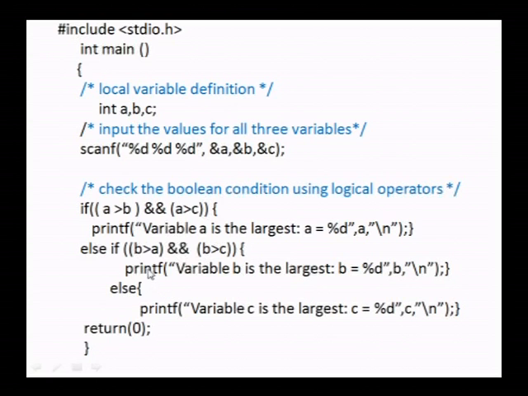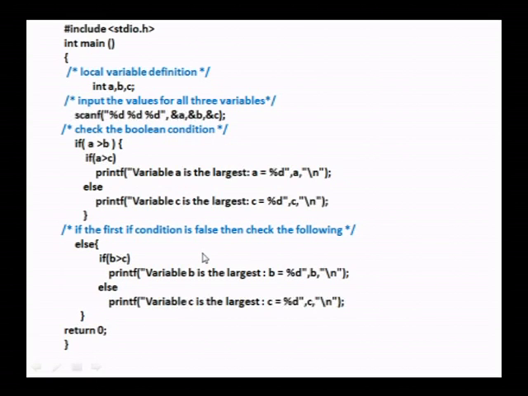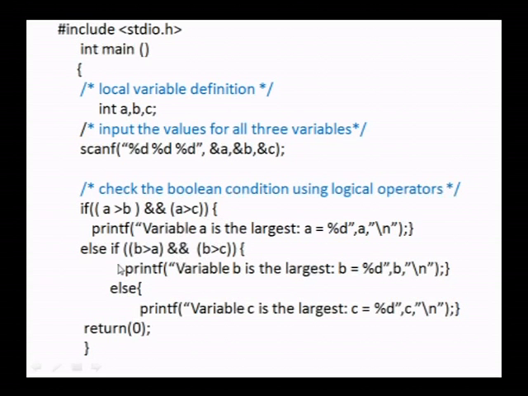In the program using the logical operators, we are checking four different conditions: A greater than B, A greater than C, B greater than A and B greater than C. Previously, with the nested if, you would be checking the conditions A greater than B, A greater than C and B greater than C. That is three conditions.